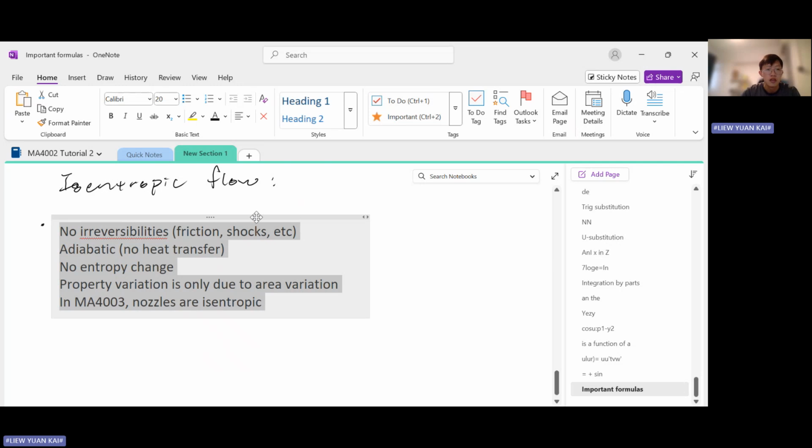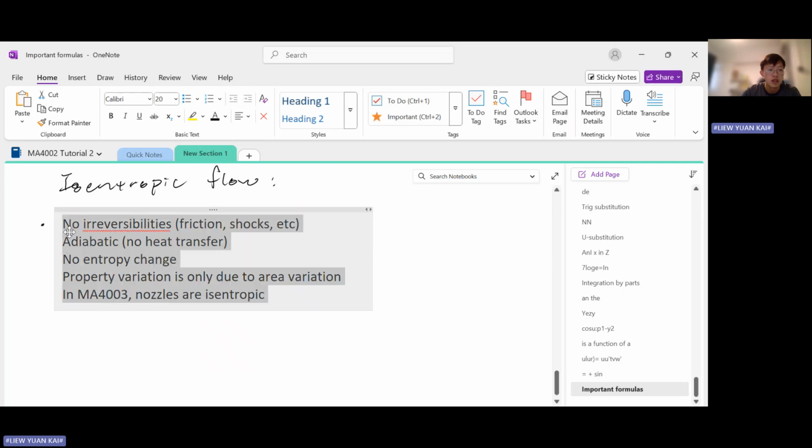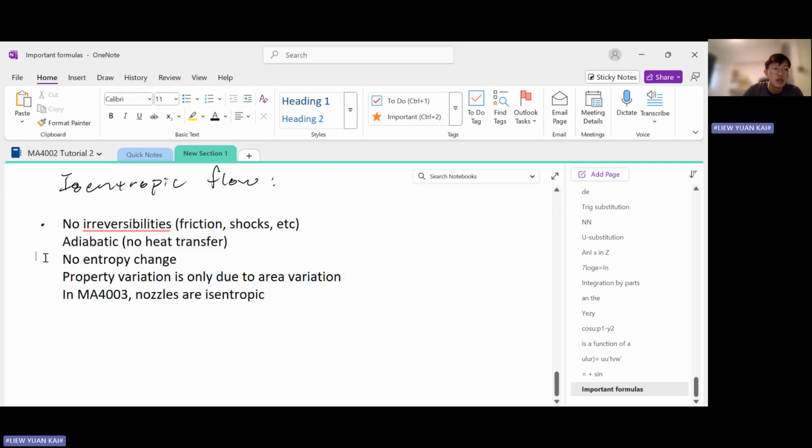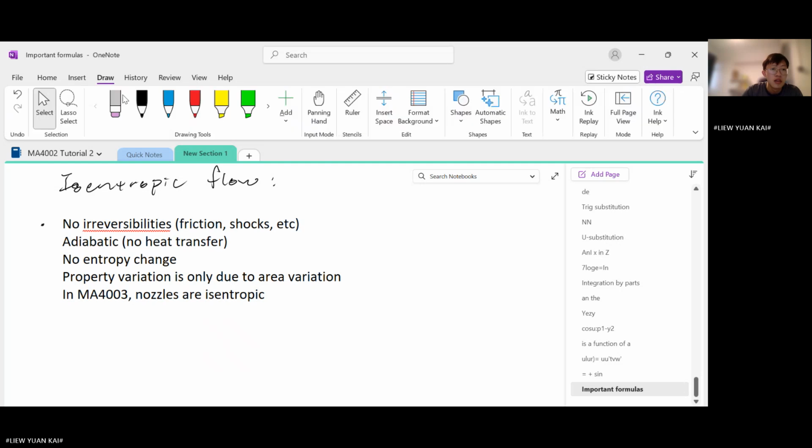Here are some notes about isentropic flow. For isentropic flow, we talked about just now, we have no irreversibilities and it is adiabatic. So that covers the first two points.